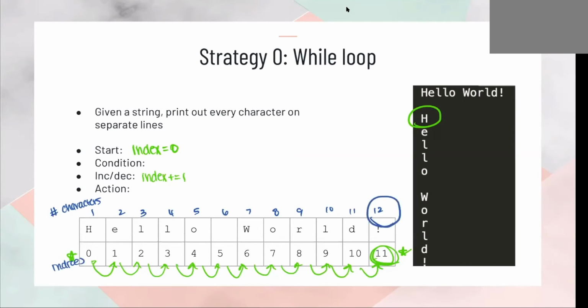There's 12 things inside my string. Another way to calculate this, other than counting it ourselves, is to let Python count it for us. There's a function for that: the length of the string. If you use this function, it'll give you 12.